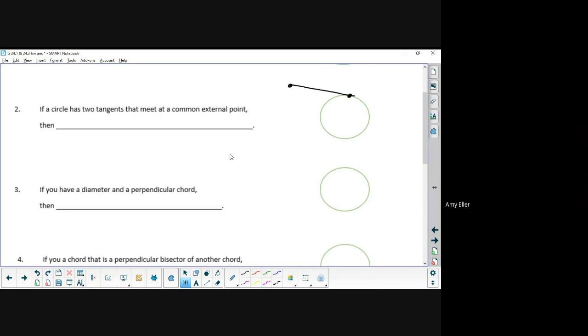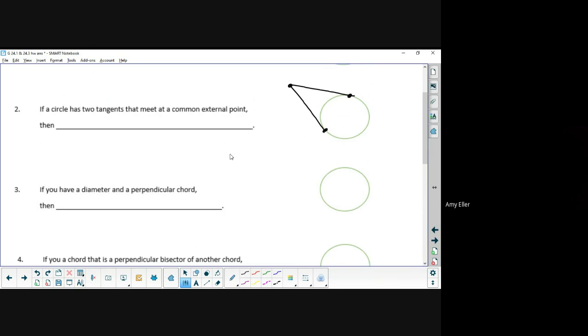That's just one tangent line. Now draw a second tangent line. It's okay if it goes past there, but I usually just stop at that point. I believe we're done with the if.